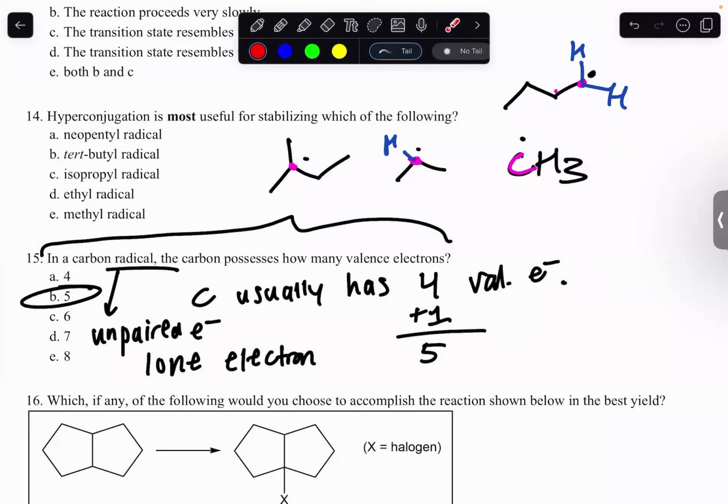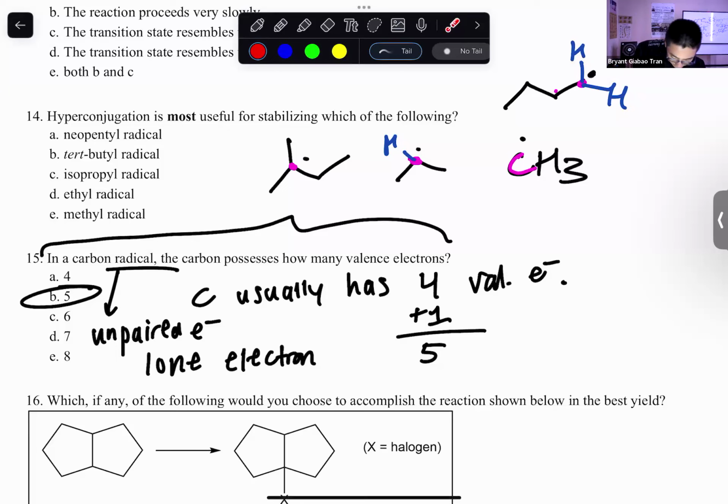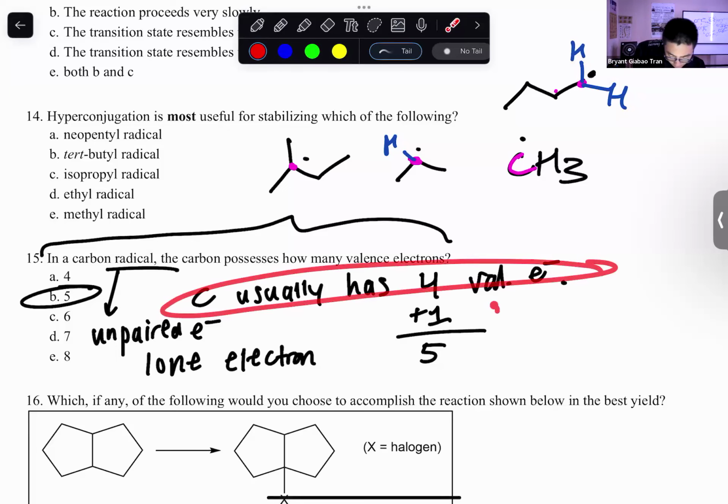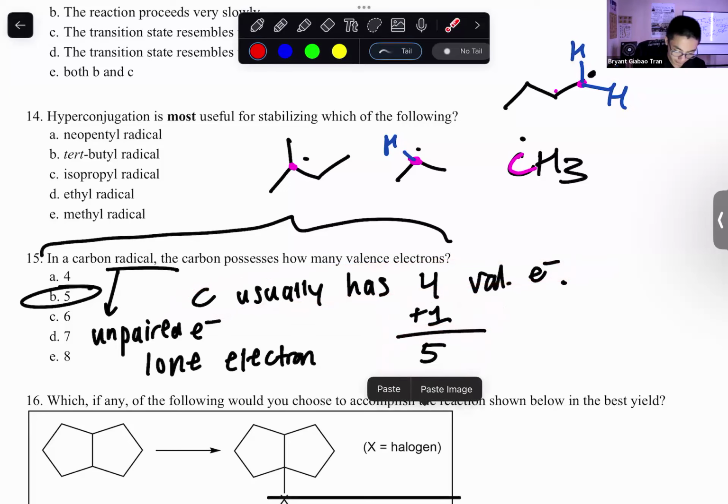She said carbon has four valence electrons, but it's a radical, so it has one extra one. So like the explanation I gave at the beginning, it has 4 electrons usually, but because it's a radical, it has one extra, which makes it 5. But when I'm thinking about the carbon radical in structures like this, I'm trying to figure out where the valence electrons are.